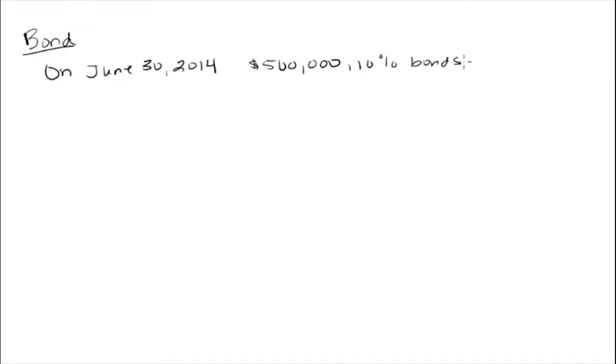Let's say that on, say, June 30th of this year, 2014, we issue $500,000. Let's do $500,000 of bonds. Let's say that they're 10% bonds, and that they're going to mature in 10 years.